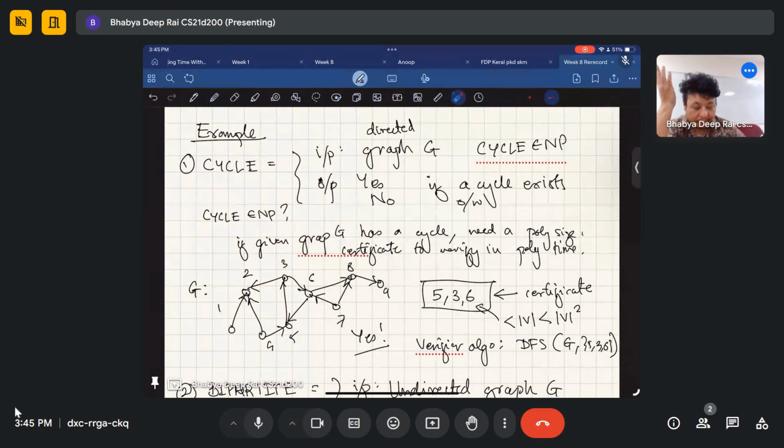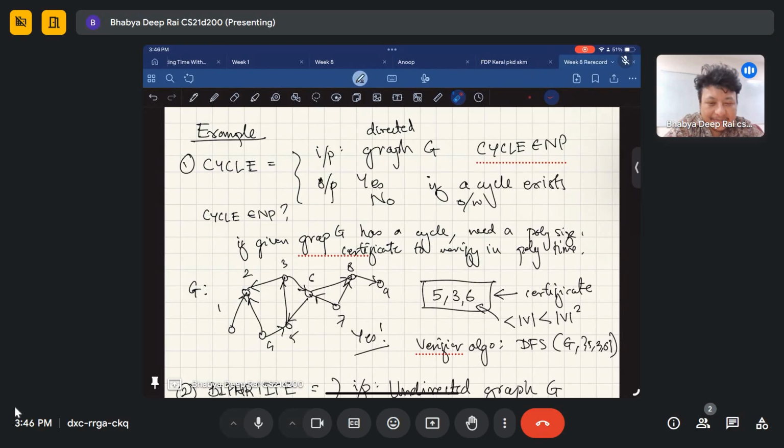The algorithm is even simpler if the graph is connected, because if it is connected and does not have a cycle, then it has fewer edges, fewer than n minus 1 edges. If it has more than n minus 1 edges and it is connected, then it definitely has a cycle. But that shows that it is in P.